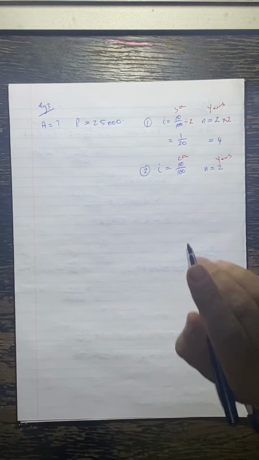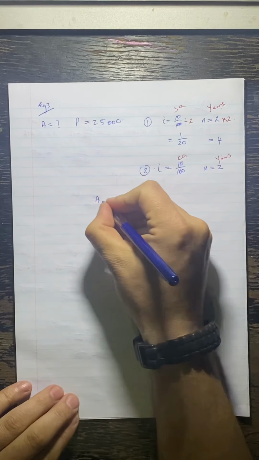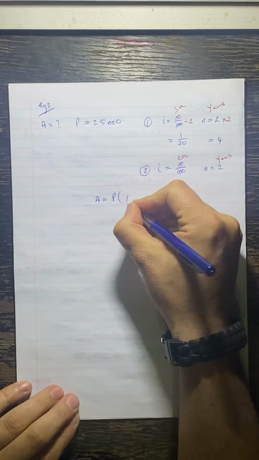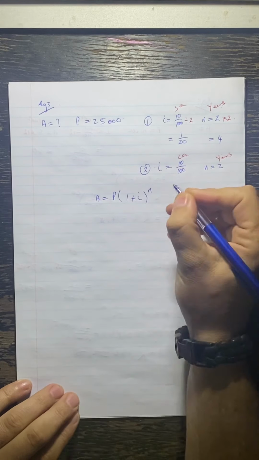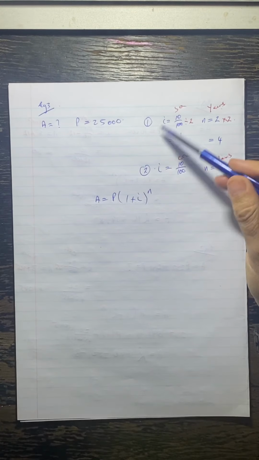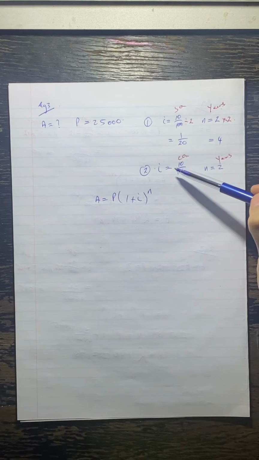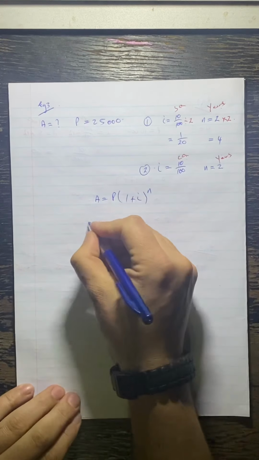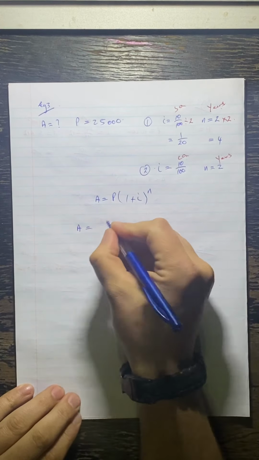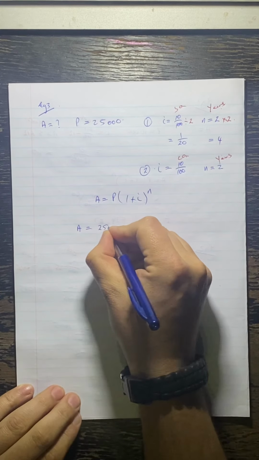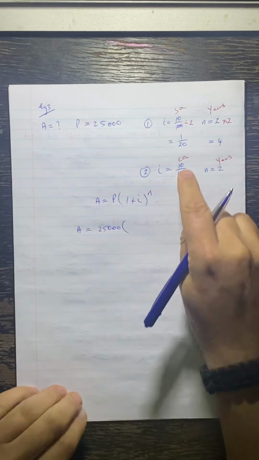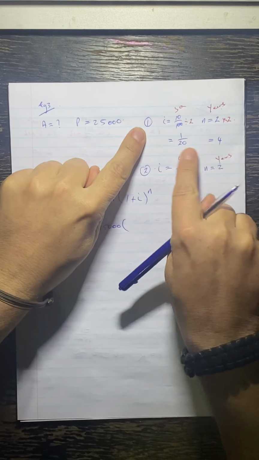Now here comes the trick, guys. We know that we have to use this formula. A is equal to P(1 + i)^n. And what we have to do is incorporate both of these interests in it. So I say the accumulated amount will be equal to 25,000. Now I'm going to do it for scenario 1 here.